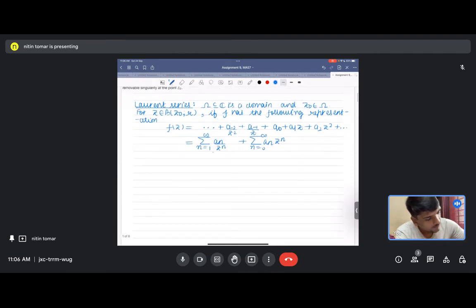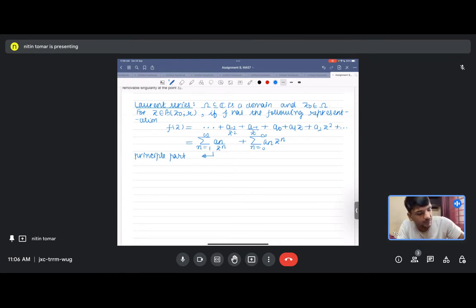So this part we know is called the principal part, and the principal part is the part which determines the nature of the isolated singularity.